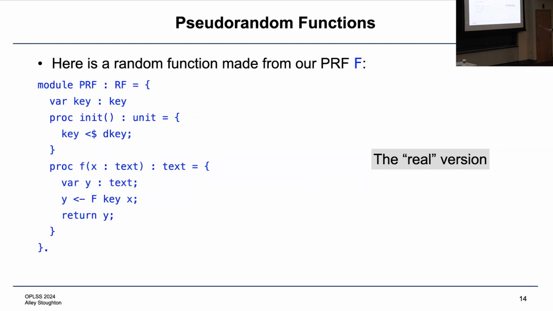And then once we've done that, this F of key, so it's curried, is now a fixed function. You call it with a text value, and it gives you a text value back. Okay, so the pseudo-random function is using one fixed randomness for the whole thing, whereas the true random function is using new randomness for every call. Yeah, absolutely, that's right.